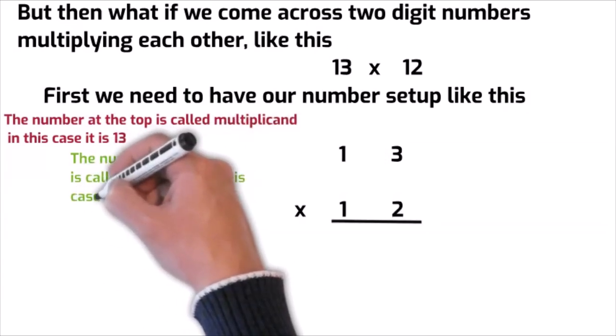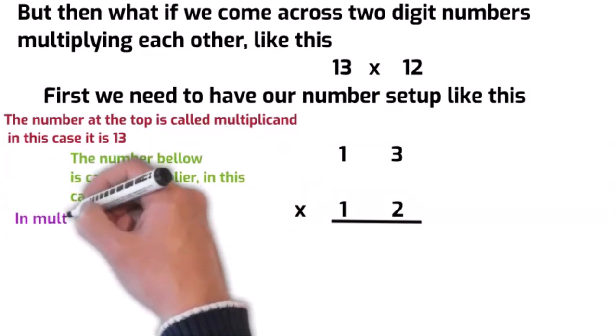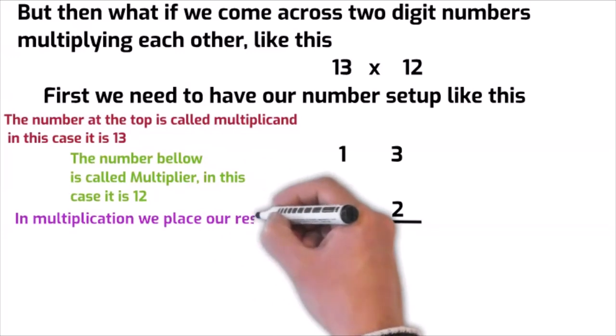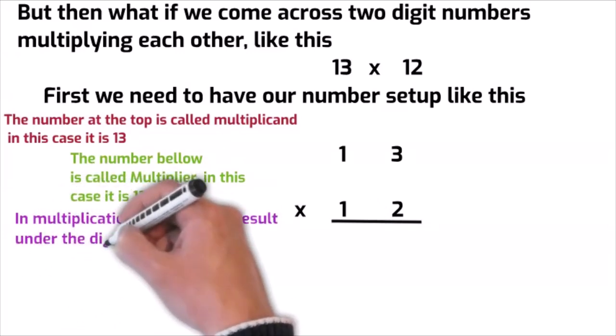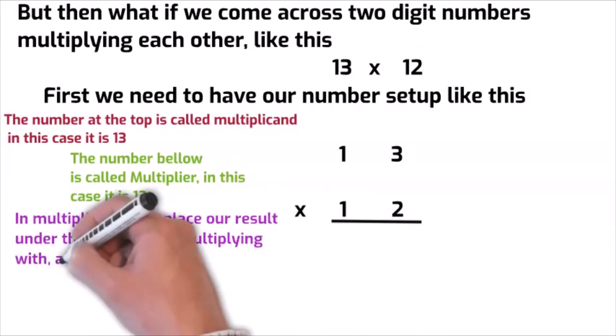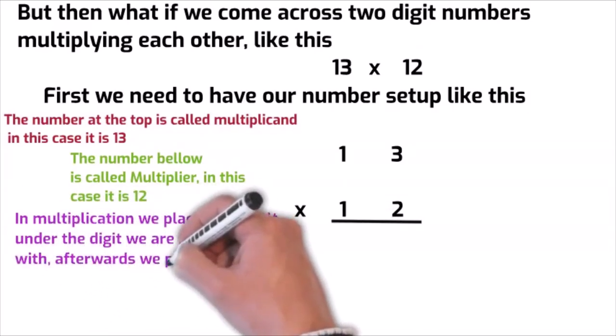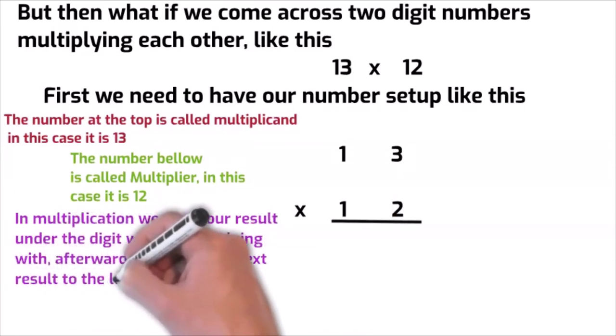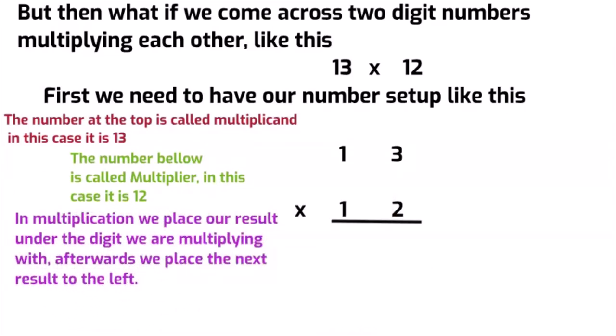In this case, it is 12. Finally, in multiplication, we place our result under the digits we are multiplying with. Afterwards, we place the next result to the left. Please watch carefully and learn.